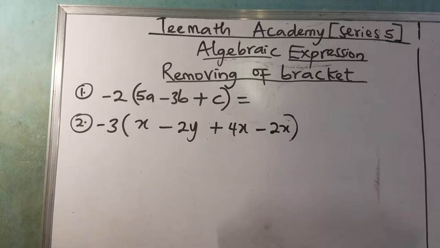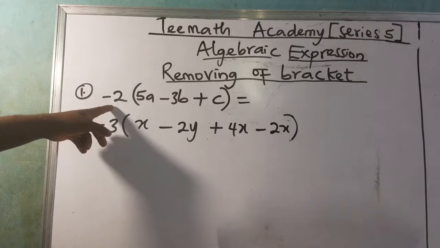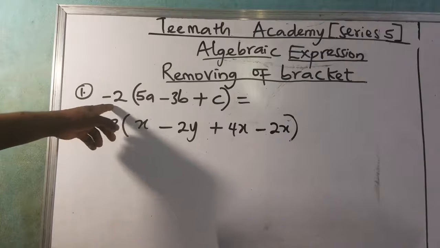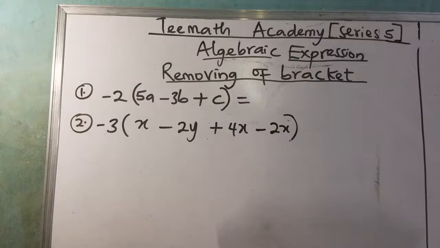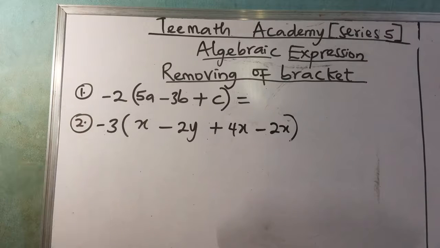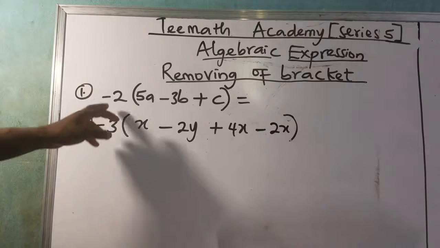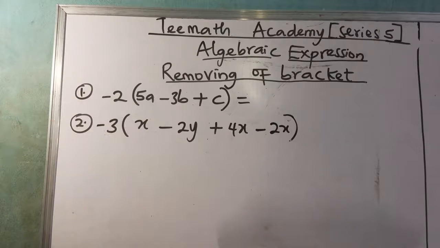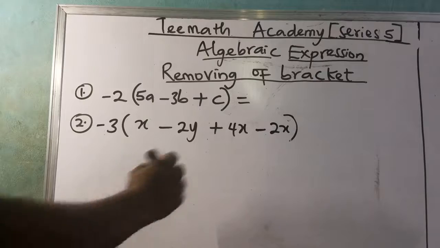So when you see a bracket, the first thing is to remove the bracket by using the outside number to multiply each and every one of the factors inside the bracket. Here we say minus 2 times 5a: 2 times 5 is 10, and there's a, so we have minus 10a.